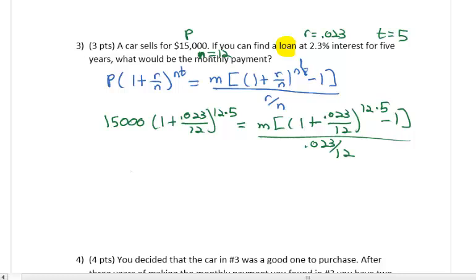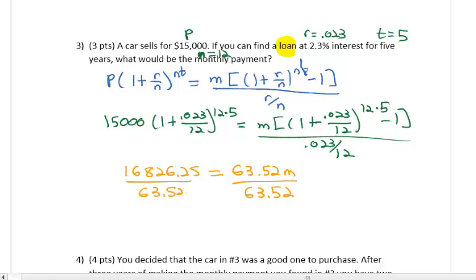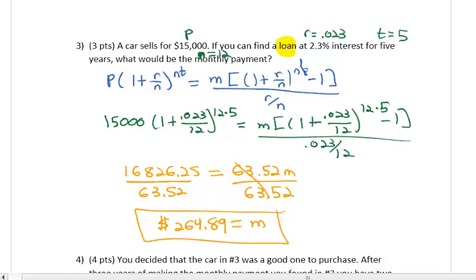Putting the left side into the calculator, you get about 16,826.25 equals, putting the right side in the calculator, you get about 63.52 m. Doing a little more accuracy on your calculator, but this is good enough for our discussion. Divide by 63.52, and m, the monthly payment, is $264.89.